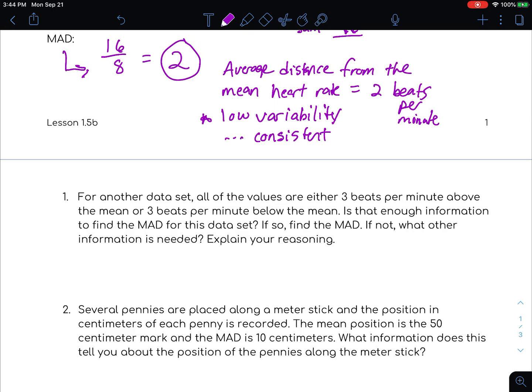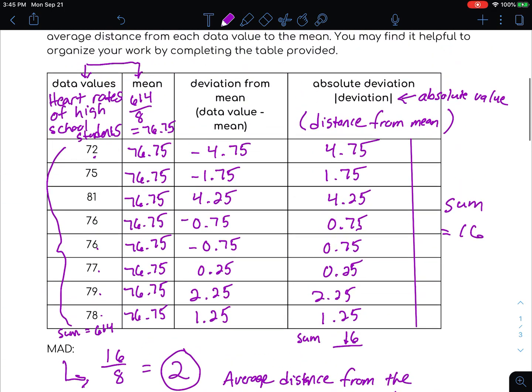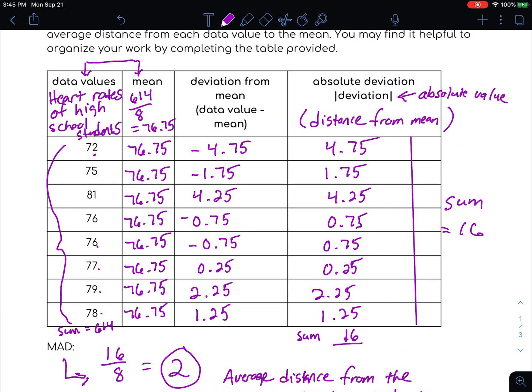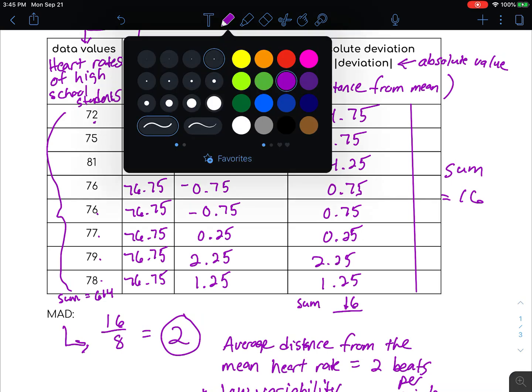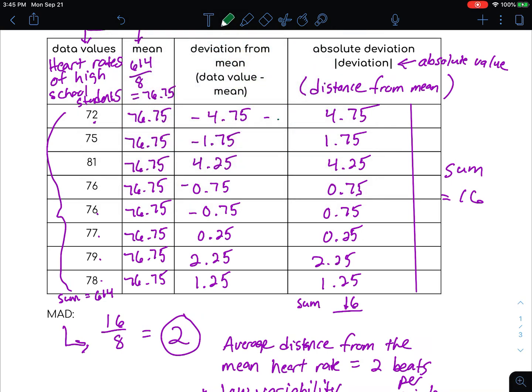But if I think about this a little longer, I'm not so sure, because we don't know how many students had 3 beats per minute above the mean or how many students were 3 below the mean. In other words, if I were to go up here and say, okay, well, let's say I'm going to change colors here just because I'm doing this off on the side.